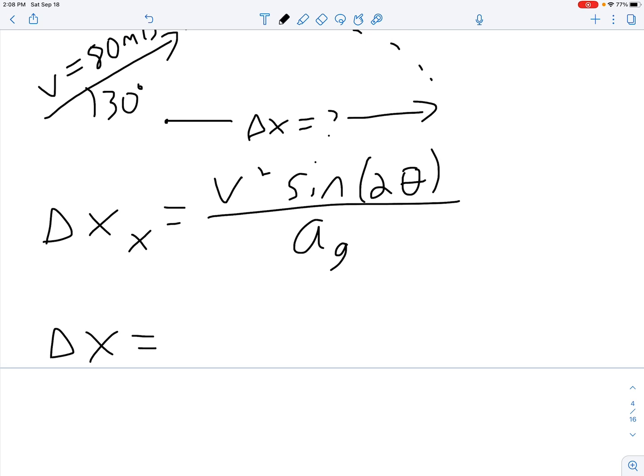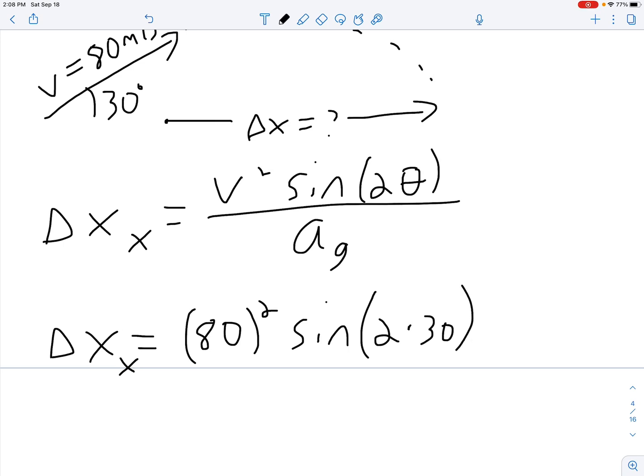So I get a distance in the x direction of 80 squared times the sine of 2 times 30, all over a, which is 10. So my v is 80, so that's this number. And then I have 30 degrees, that is my angle, that is right there. And then we know that a is 10 for the denominator.